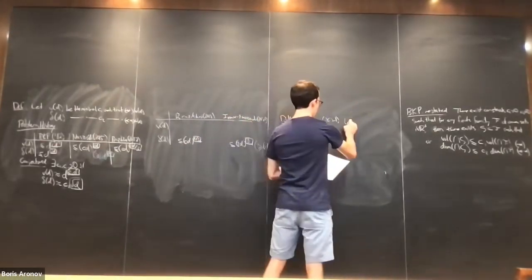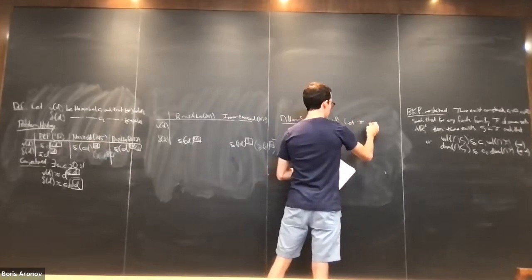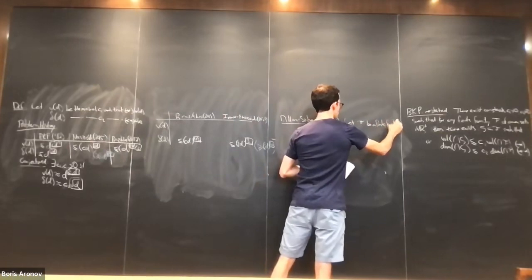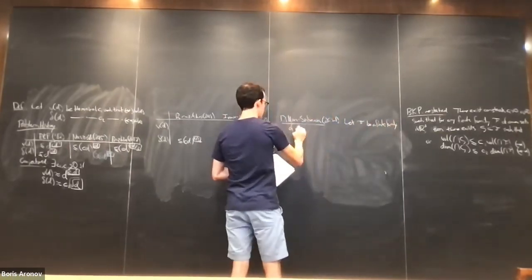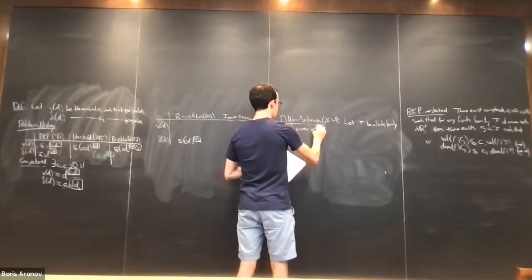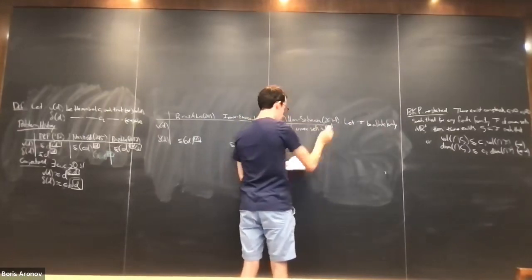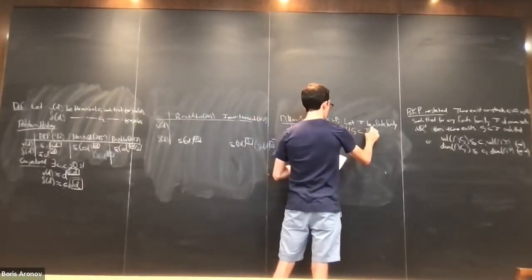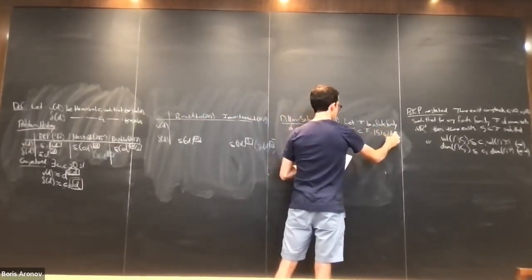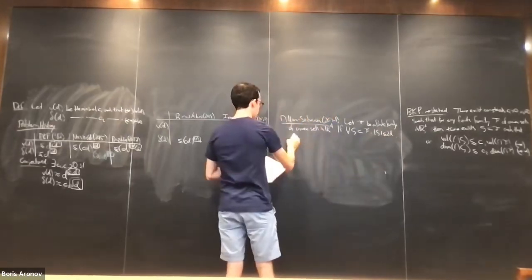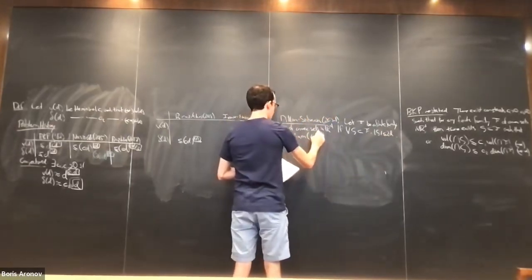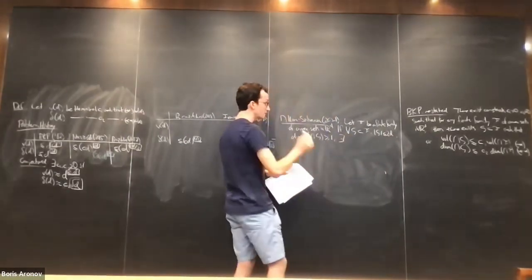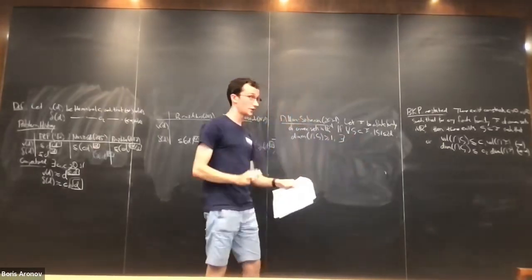So let F be a finite family of convex sets in R^d. If for all subfamilies G of size 2d, we have that the diameter of the intersection is at least 1, then there exists a large subfamily whose intersection has big diameter.